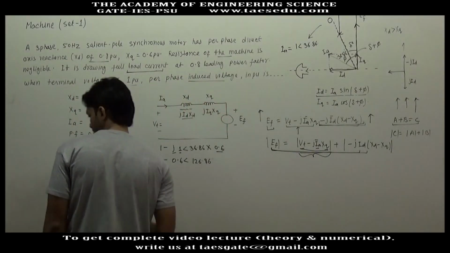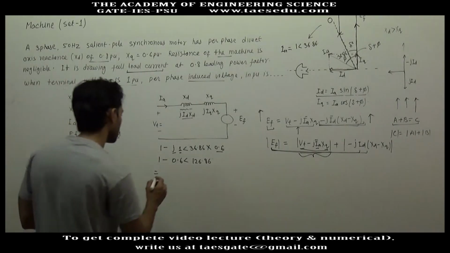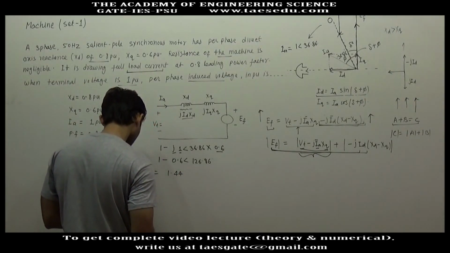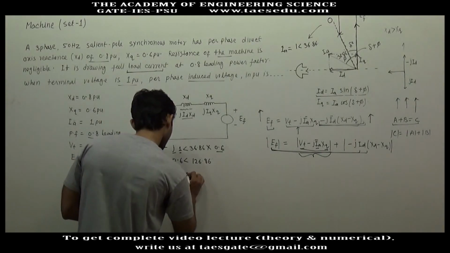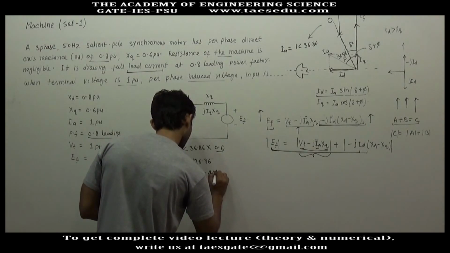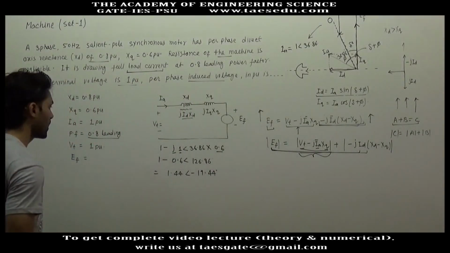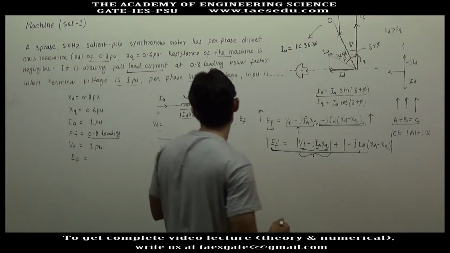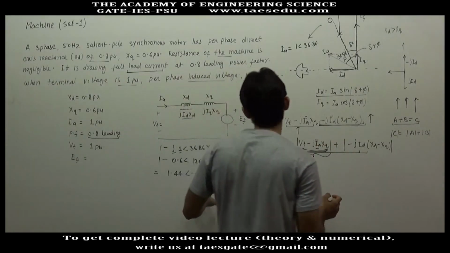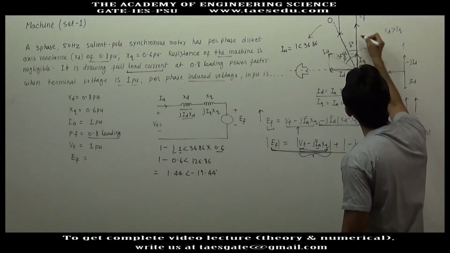If you will solve it, we will get 1.44 angle minus 19.44 degree. Angle is minus, it means the direction of this vector or the direction of EF will be clockwise to the reference.